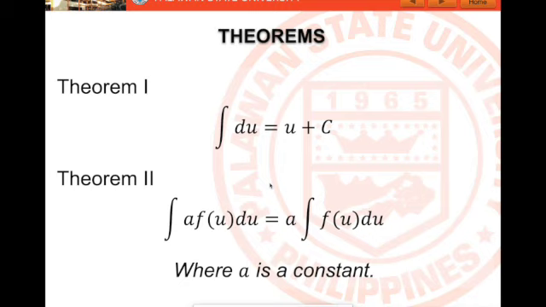So when you see a function with a constant, before you integrate it, you put that constant outside of the integral sign and then proceed to integrate the function with respect to u. In this case, that's the function of u du. Okay, are we good so far?